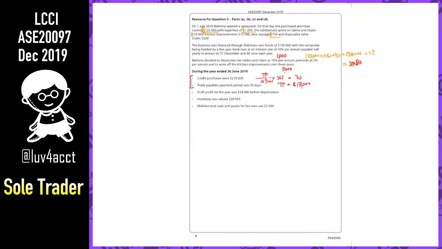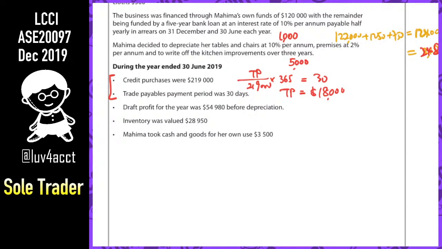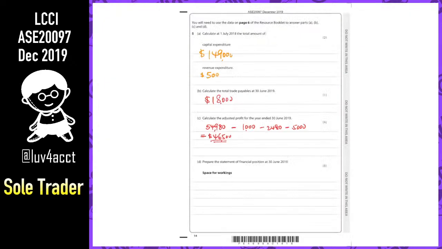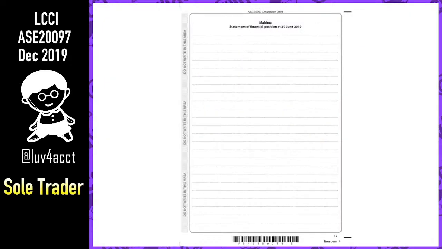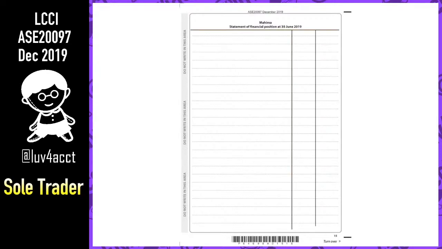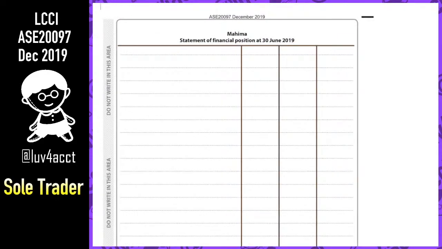Prepare the statement of financial position. Apart from this, what else do we have? We have inventory. We have drawings. So 3 lines, 3 columns: the cost, accumulated depreciation, and then carrying value.